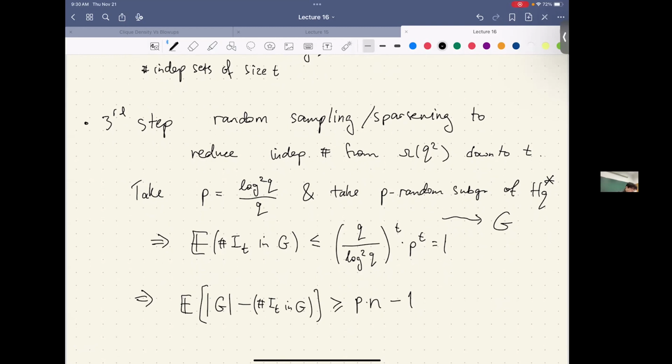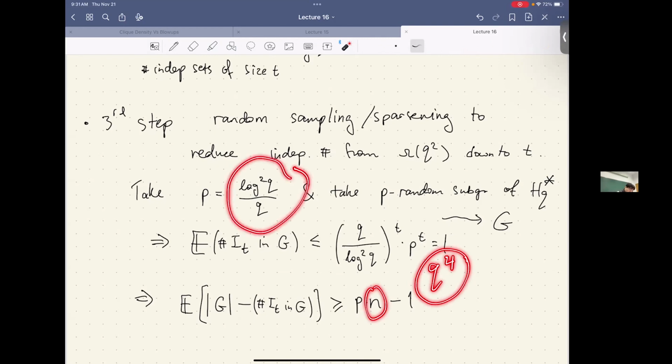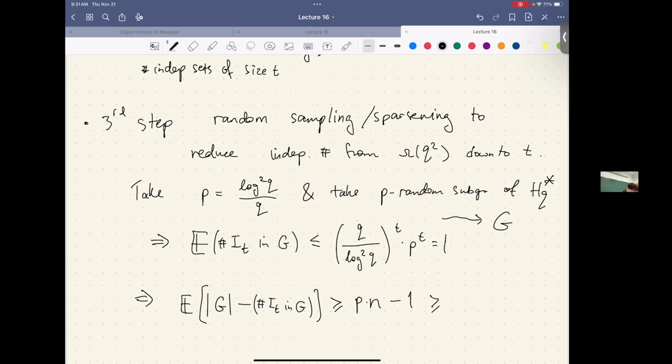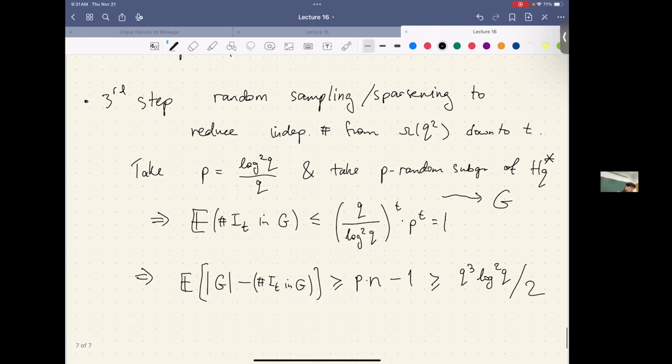So we know what N is. N is roughly Q to the 4, multiplied by P, so it's roughly Q cubed log Q squared, minus 1, divided by a factor of 2, which is at least Q cubed log Q squared divided by 2, okay? So that means there exists an outcome of G where this is bigger than that.